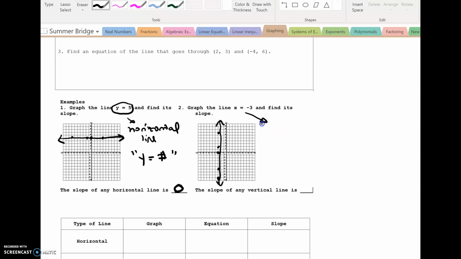So basically, x equals -3 is going to be a vertical line. And essentially, anything that has x equals some number is going to give me a vertical line. Okay? And we know that the slope of any vertical line is undefined. Okay? So those are some big things to remember.